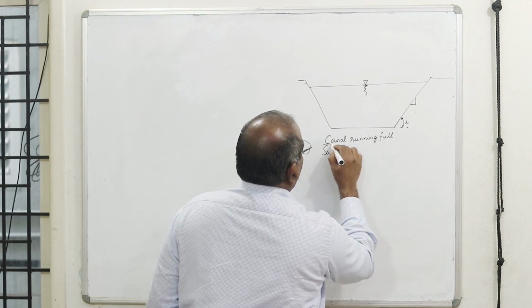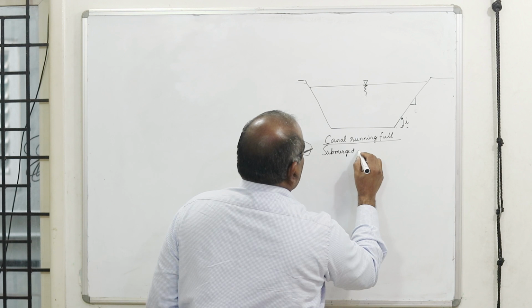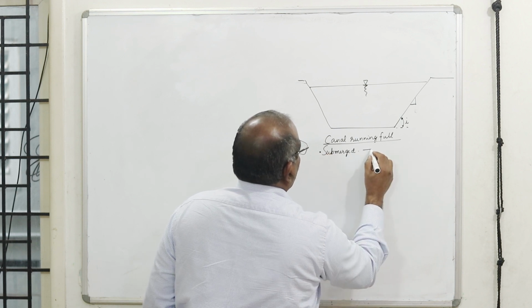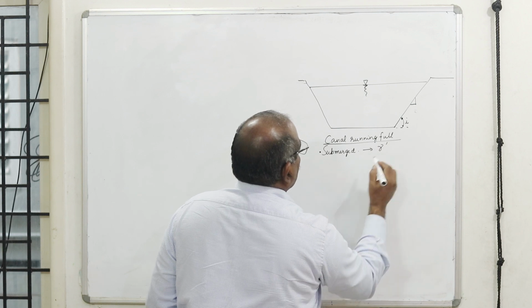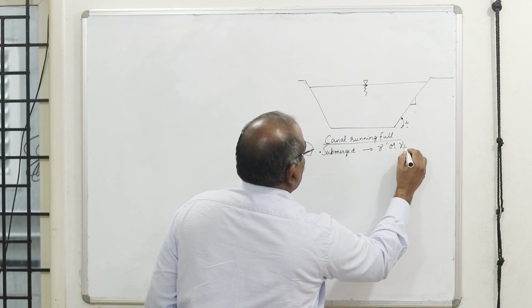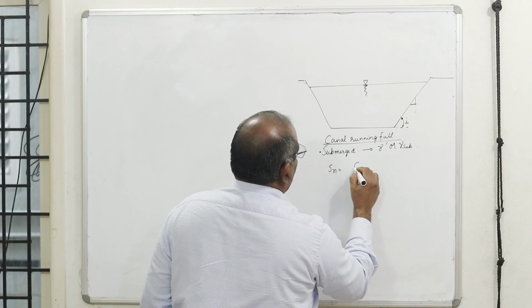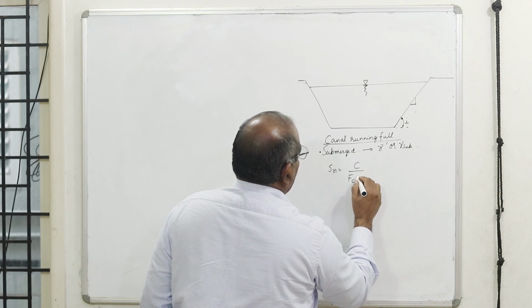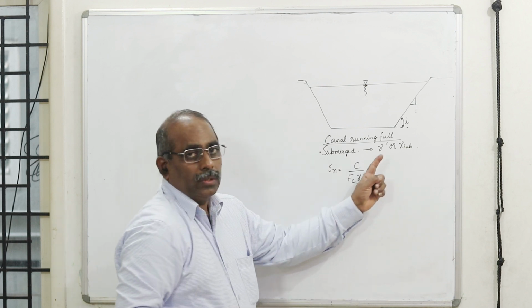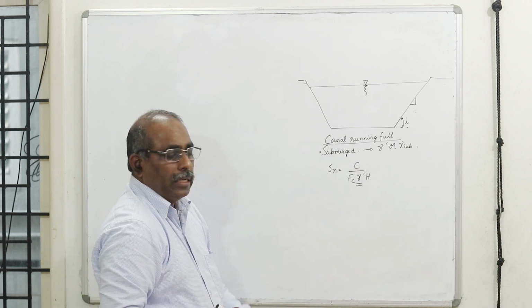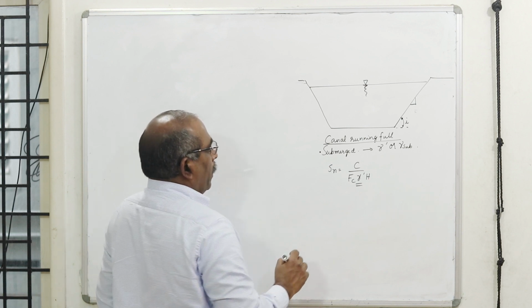When the canal is running full, it is in a submerged condition, therefore I need to use gamma submerged, or gamma dash, in evaluating Sn. Therefore Sn is equal to c by Fc gamma dash H. I need to use gamma dash while evaluating the stability number.